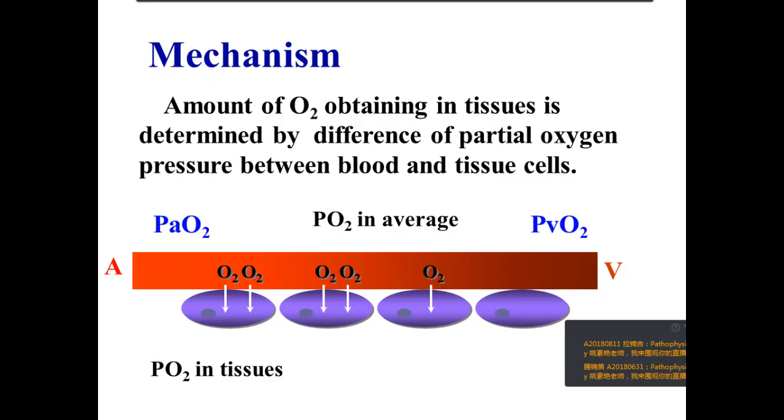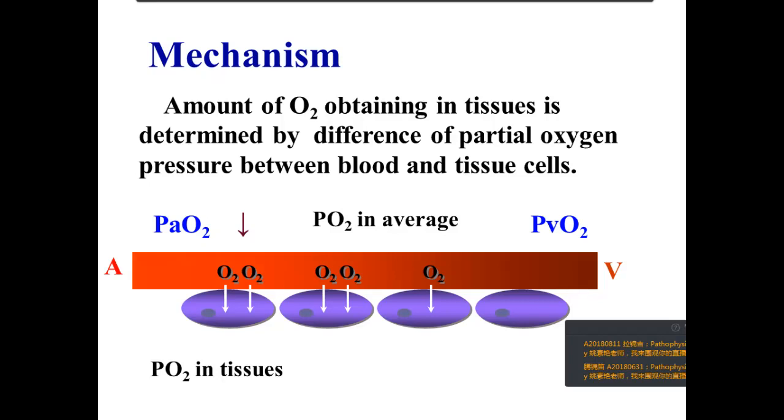Less. Because during hypotonic hypoxia, the partial pressure in blood decreases. So the difference between blood and the tissue cell is less, so oxygen moving into the tissue cell will be less. Now which parameter decreases?